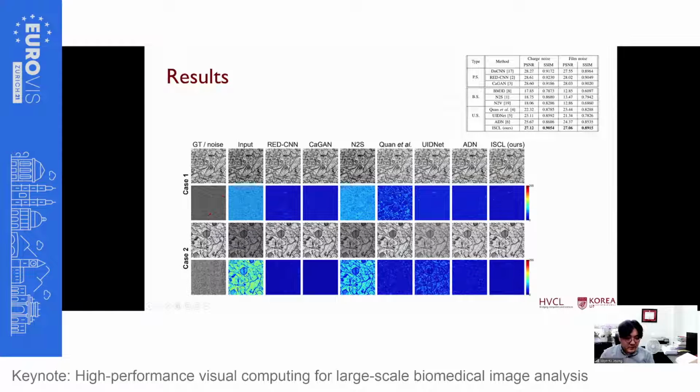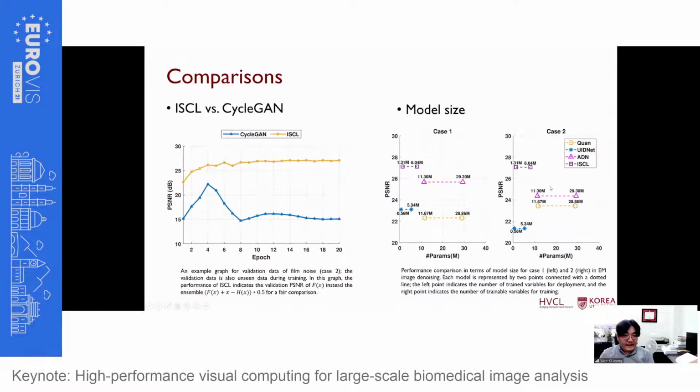Our method has much lower error compared to the other state-of-the-art methods, and compared to vanilla CycleGAN, our method is much better. Also, on model size, the X-axis is the number of parameters of the deep learning model and the Y-axis is the PSNR, so higher is better. Our method has much fewer parameters and a much better PSNR.